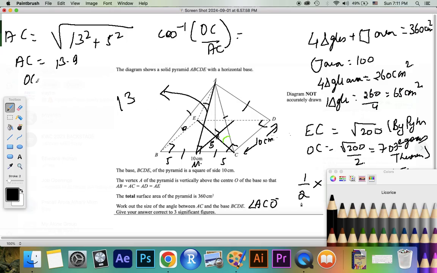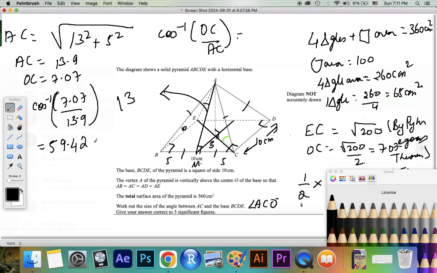So OC is 7.07 and AC is 13.9. If you do cos inverse of 7.07 by 13.9, you get an angle which is equal to 59.429, or you can round it off to 59.43 degrees.